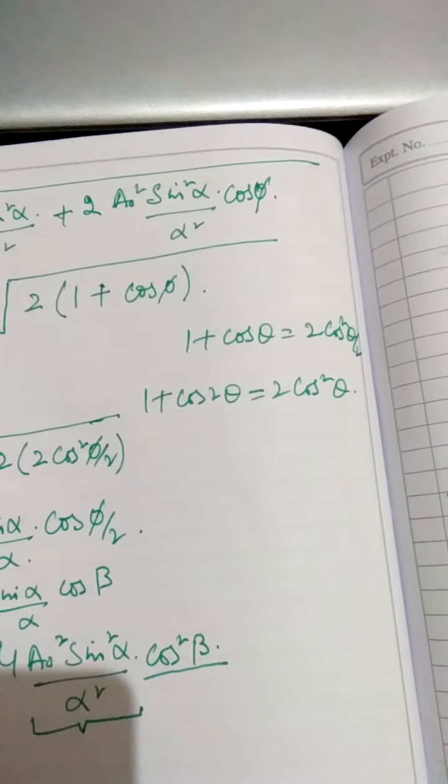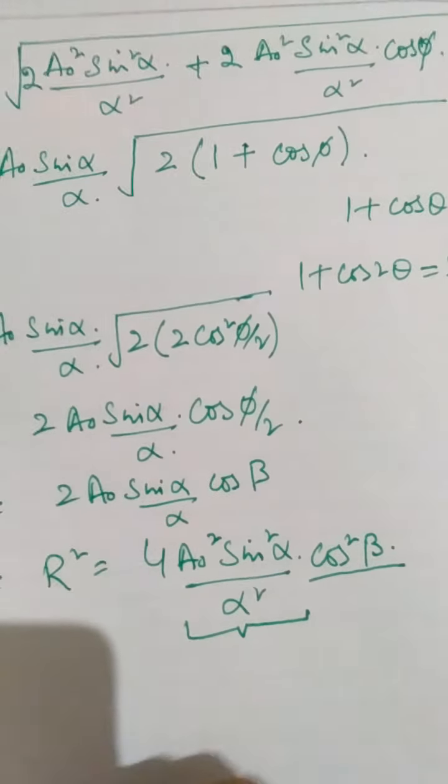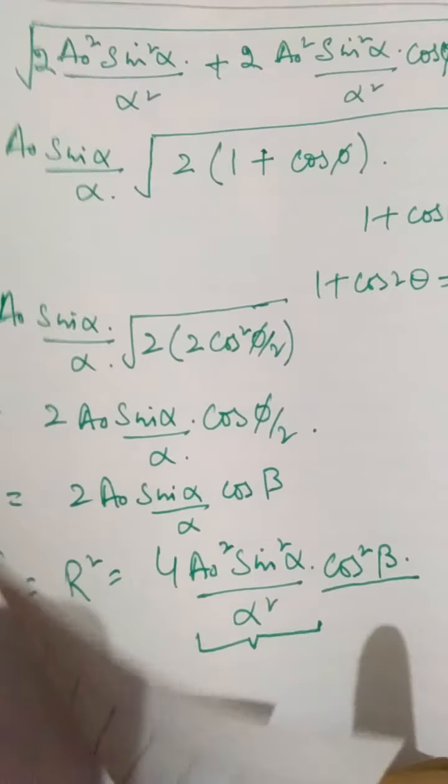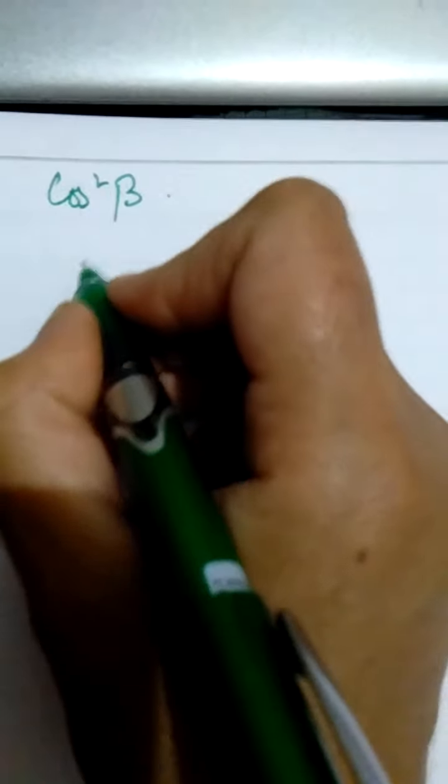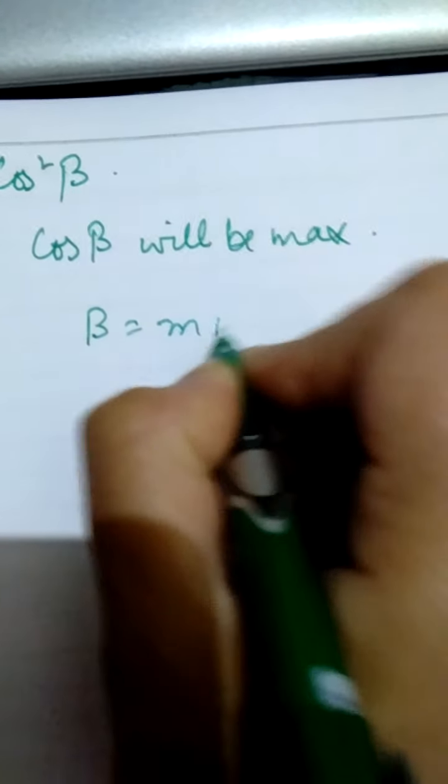Now, let us find the conditions of maxima and minima analytically. So how do we do that? We know that we are involved with a factor of cos, right? But more appropriately, it is a cos square factor. So it is a cos square beta factor, right? We know that cos beta will be maximum when beta is equal to m pi.